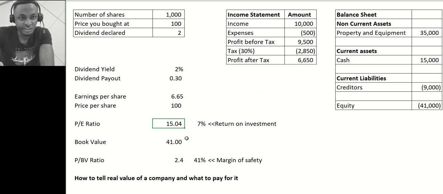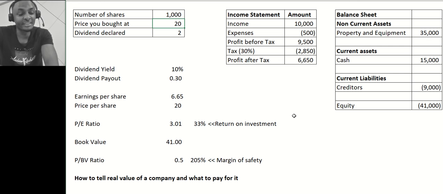So the bigger the PE ratio, the more expensive the share. You can see your return on investment and your price to book value also goes down, and your margin of safety is 41%. That means that if that company was to close down today, you'd get 41% of your investment, whereas this other person would have increased the investment by 200%.